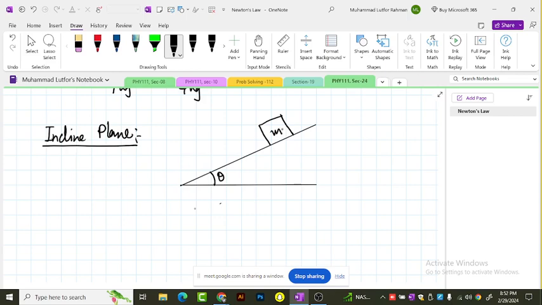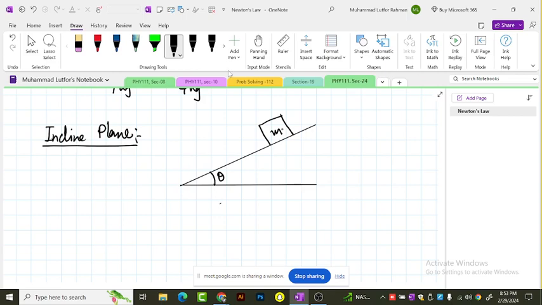If I keep the block over here, what is it going to do? If the surface is frictionless, it will move downwards, along the surface. Along the surface, exactly. You're right. If I ask why it is moving downward? Acceleration due to gravity. Acceleration due to gravity. All right, that's good.